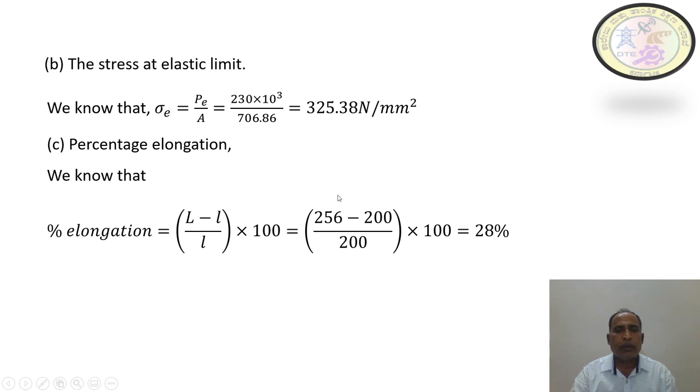So the difference gives the total extension over the gauge length of 200 mm. Therefore 256 minus 200 divided by 200 into 100, that is equal to 28%. That means when a bar of 200 mm is extended to a length of 256, the percentage elongation will be 28% over the gauge length.